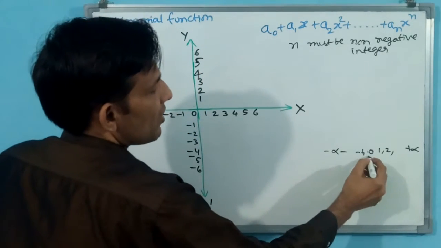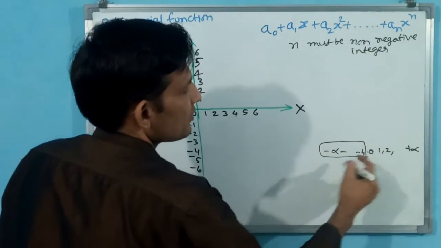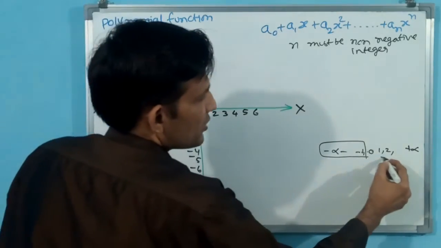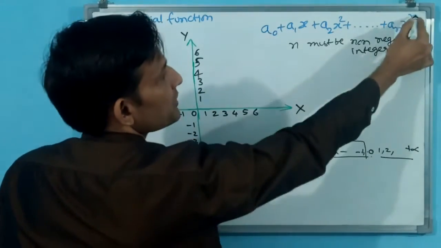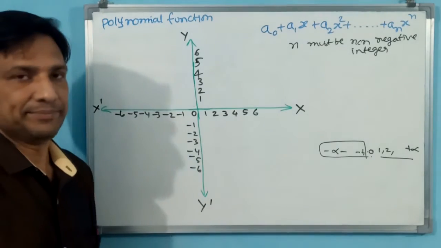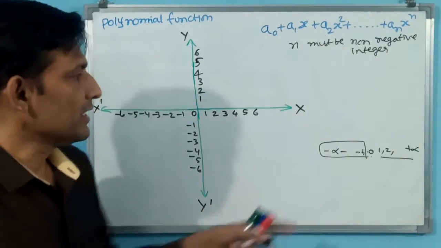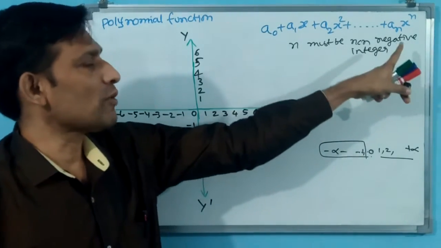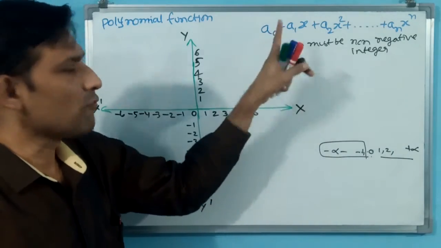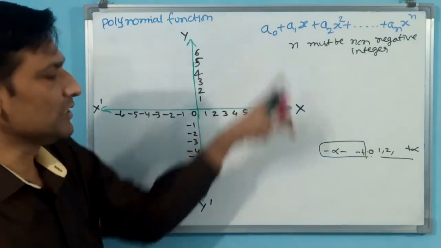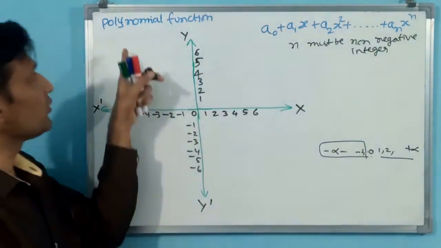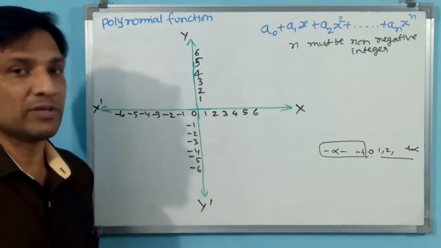Non-negative integers means negatives should not be there, but positive integers will be there, and 0 may also be there. If x power 0 comes, automatically what will come? 1. Then a0. That means even a constant function is also a polynomial function, if you observe clearly.